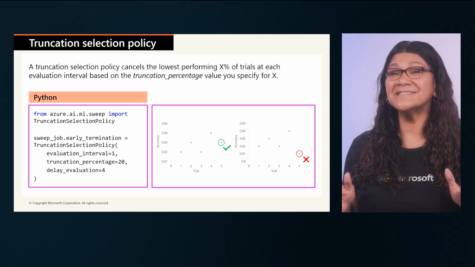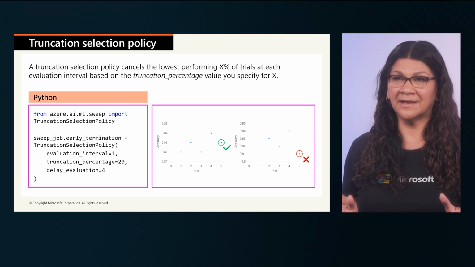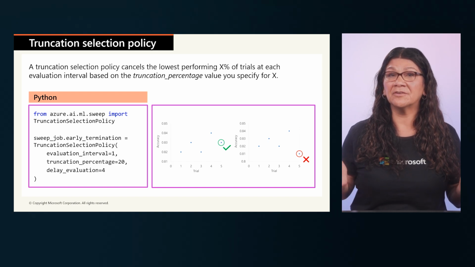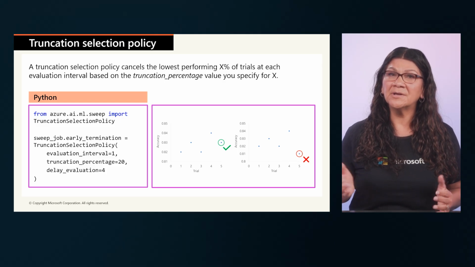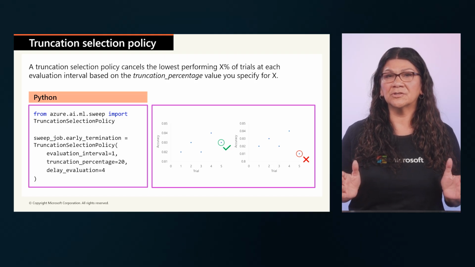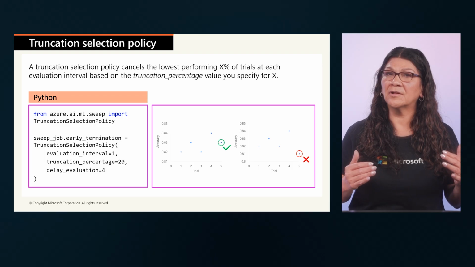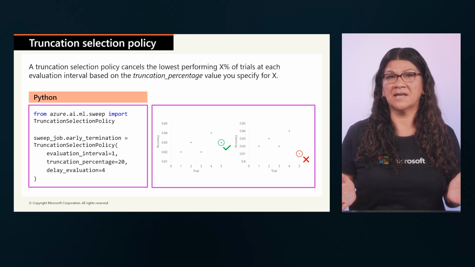The truncation selection policy speeds up hyperparameter tuning by eliminating the lowest performing trials at each evaluation interval. For example, the following code applies a truncation selection policy with a delay of 4 trials. It also evaluates the policy at every interval and uses a truncation percentage of 20%.